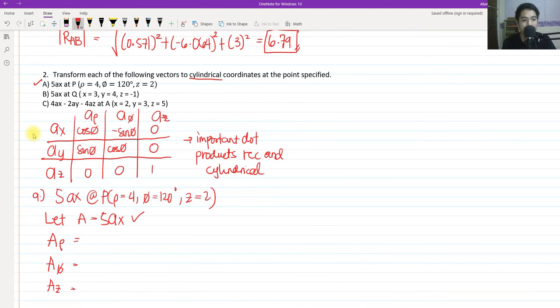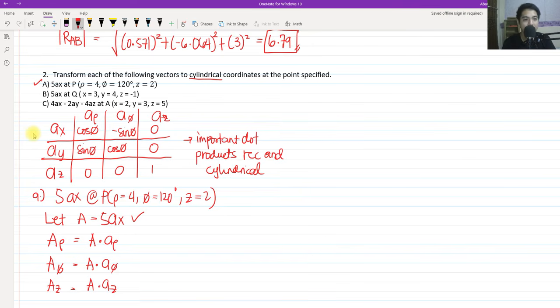We get the dot product of A and the unit vector a sub rho, and also A dotted with a sub phi, then A dotted with a sub z. That is dot product, not multiplication.